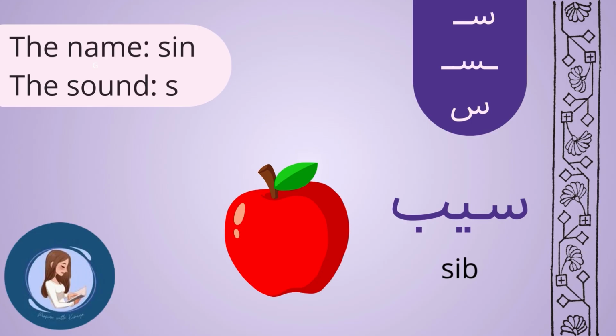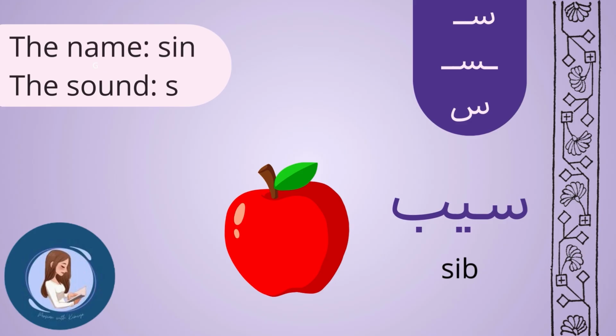It means if our word starts with the se sound, then it will be the first one. If it's in the middle, it will be the second one. And if our word ends with the se sound, with sin, it will be the third one. So the appearance of it can change.